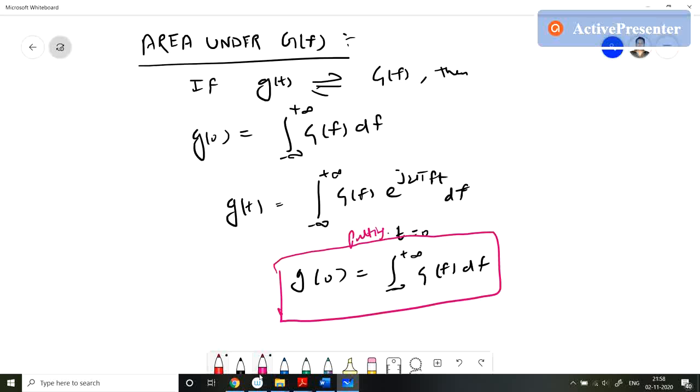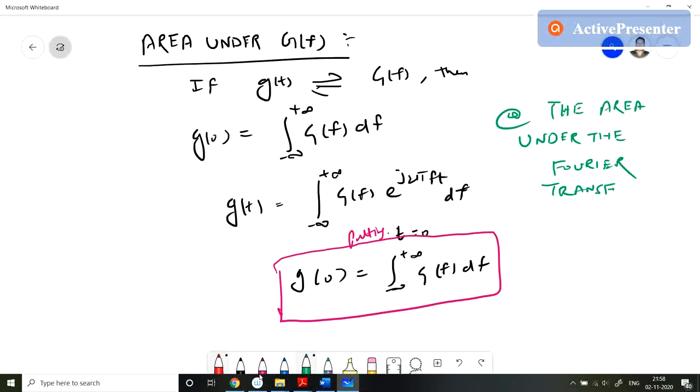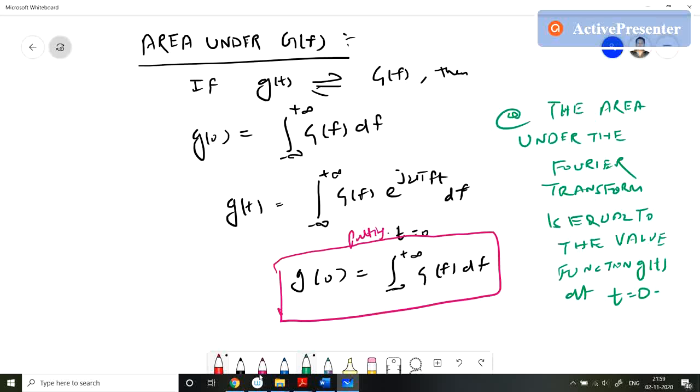So the area under the Fourier transform is equal to the value of function g(t) at t equals 0.